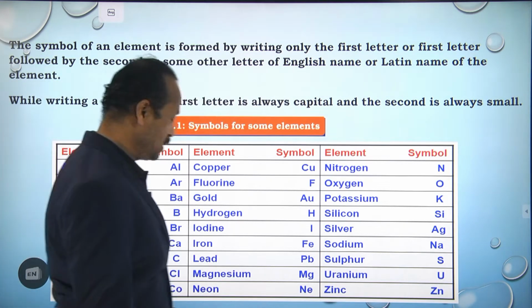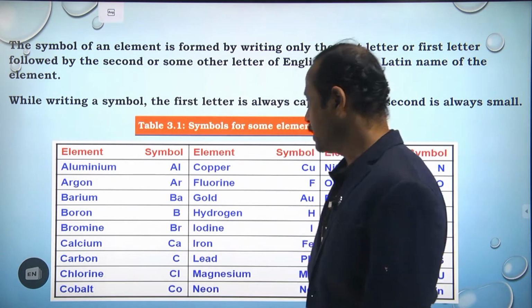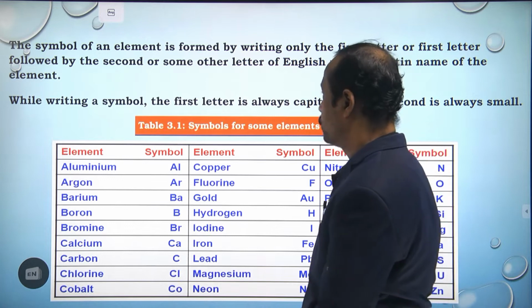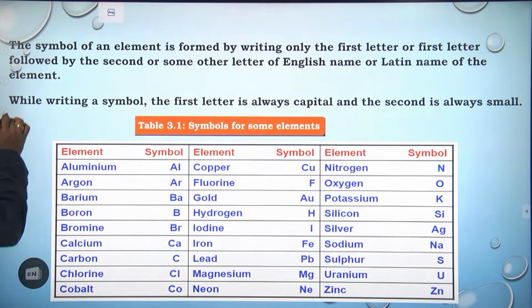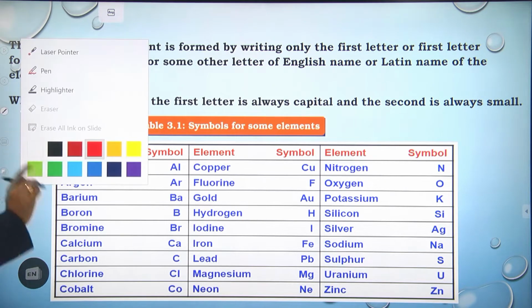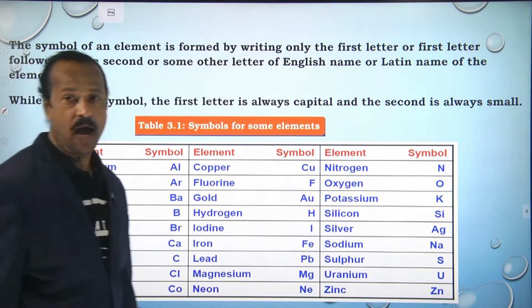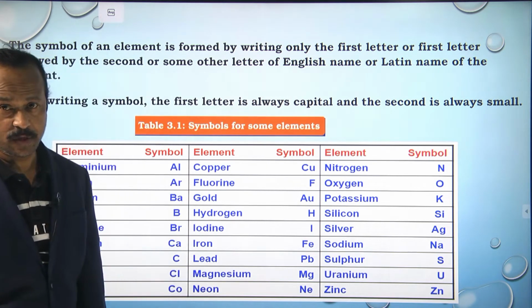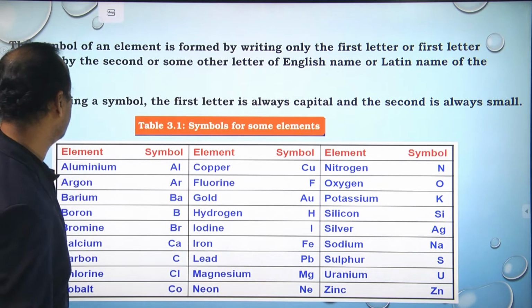Here you see these are the mostly used symbols in the 9th class as well as 10th class. So, you have to learn these element symbols along with the first 30 elements, from hydrogen to zinc. The 30th element is zinc.